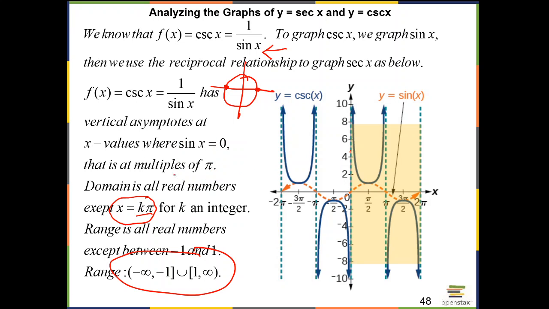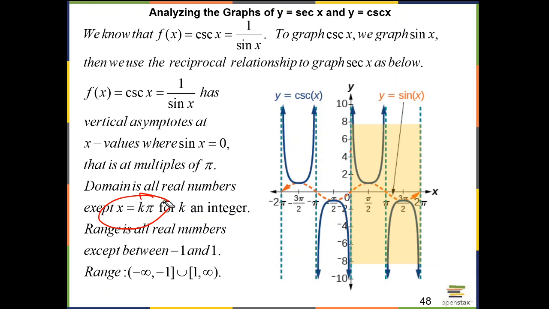But we're not going to do that because it's not really necessary. In more advanced mathematical symbolic language, you see stuff like that. For now we don't need it. We just say the domain is all real numbers except those, or you can say x not equal to k pi. All right, so that's one cycle of cosecant.